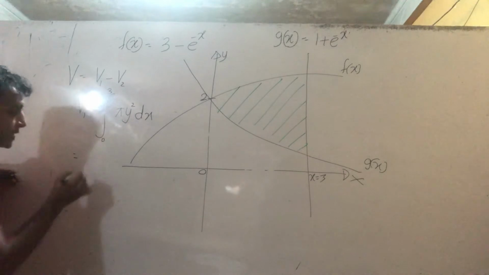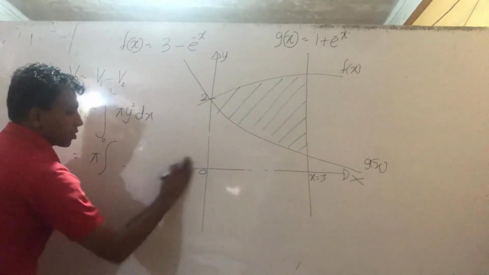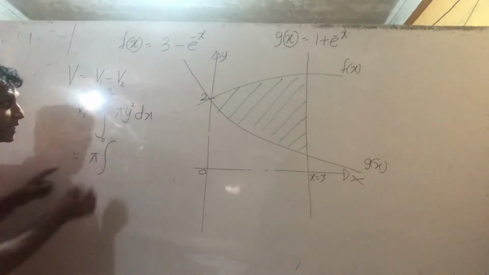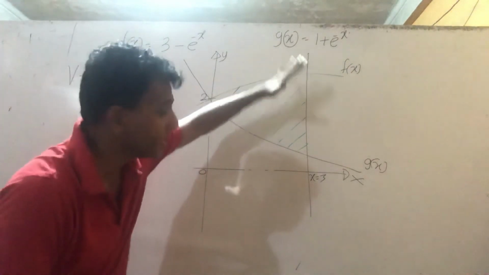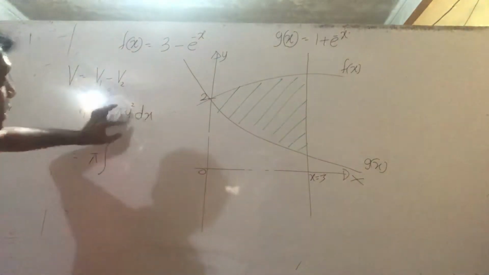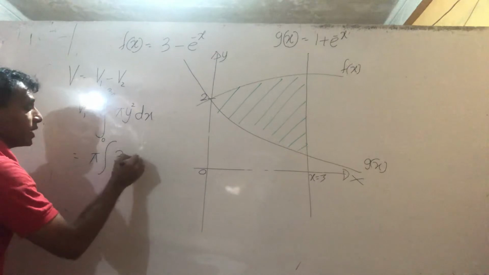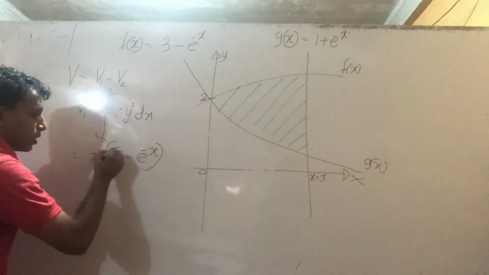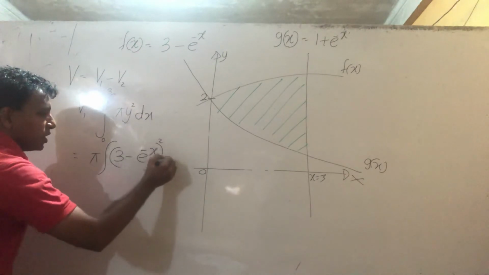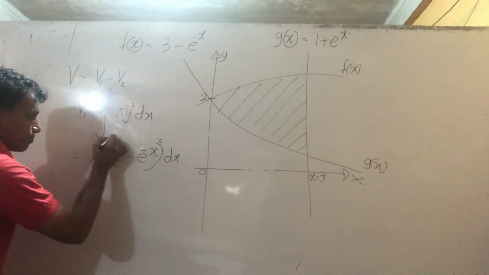Take the pi as a constant. What is y for the first curve? I said the big one is V1. What is the y? 3 minus e to the power minus x, its square, into dx, from 0 to 3.